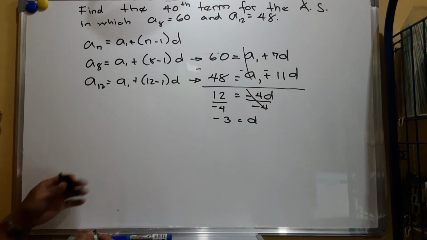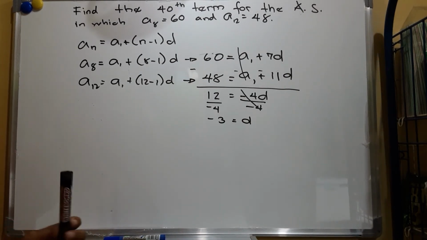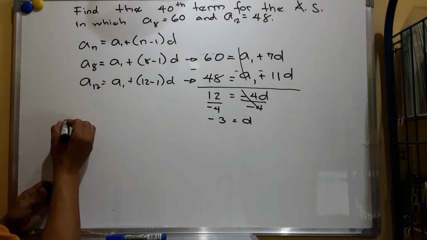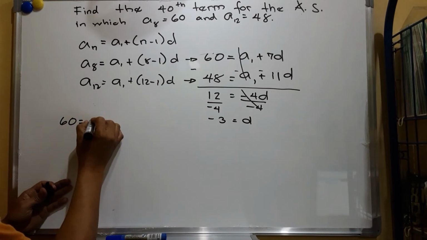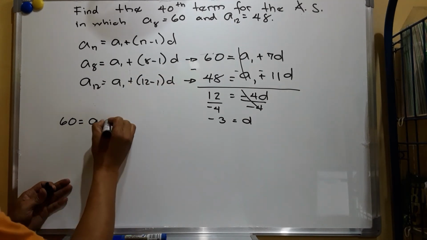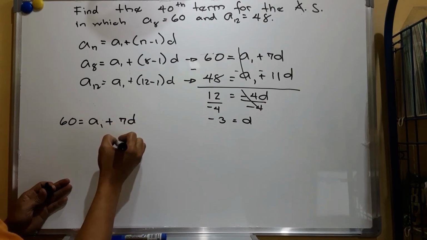So, we have d. Now we can solve for what is being asked. First, using 60, 60 would be equal to a sub 1 plus 7d.